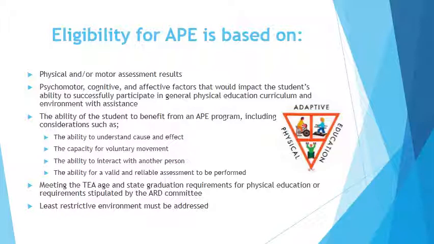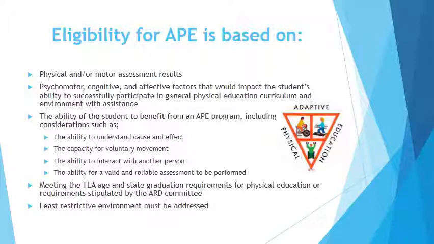Eligibility for APE is based on physical and/or motor assessment results, psychomotor, cognitive, and affective factors that would impact the student's ability to successfully participate in general physical education curriculum and environment with assistance.